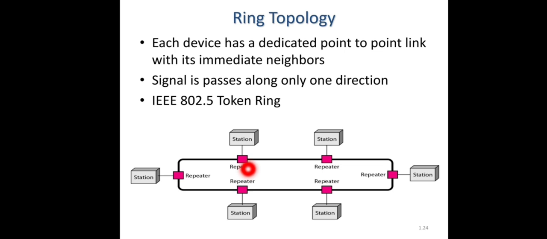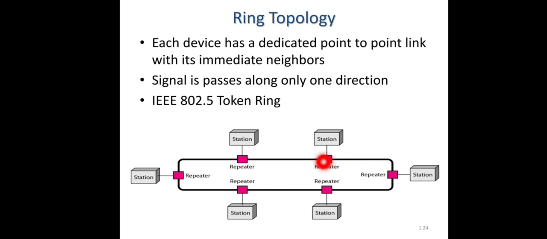Now, if a station wants to send some data to some other station, it will send the data to its immediate neighbor. So the data flow will always be in one direction, either clockwise or anti-clockwise. Suppose we are selecting a clockwise communication path, and suppose this station wants to send some data to this station. It will forward this data to the next station, and this station will check the destination address of the data received.